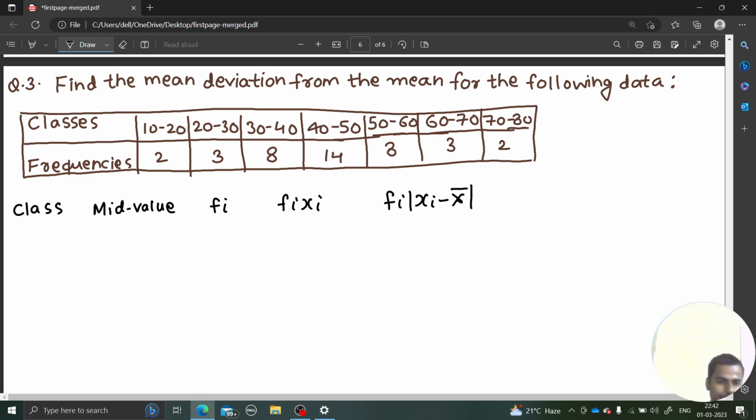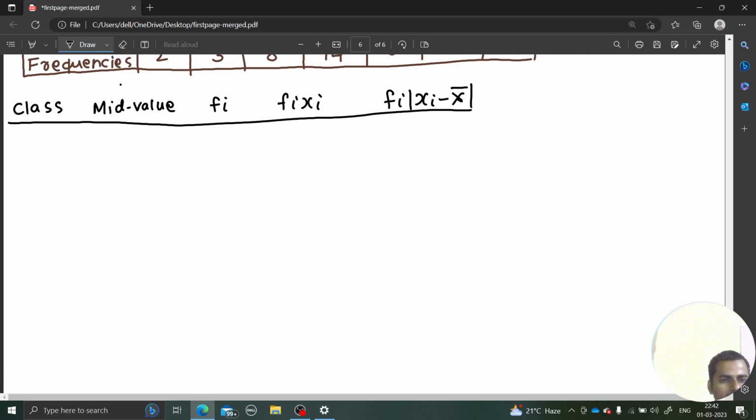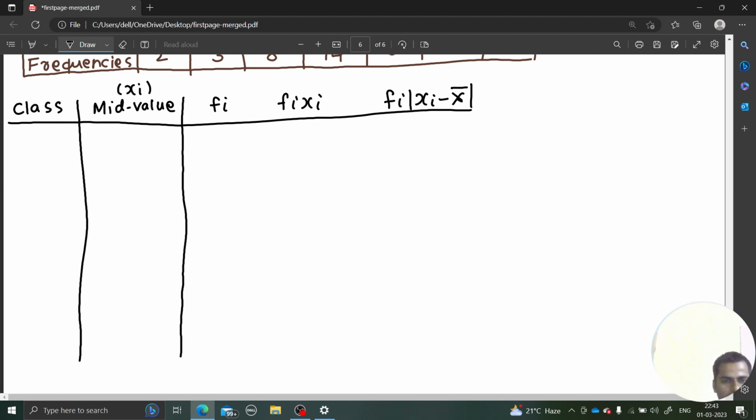We will be able to calculate the mean from these fi xi values only. This mid value in short is also xi, because it is given in terms of intervals, so there is not a clear cut value of xi, so we take the mid value and that mid value is the representation of your xi. So let's see how we can do that.